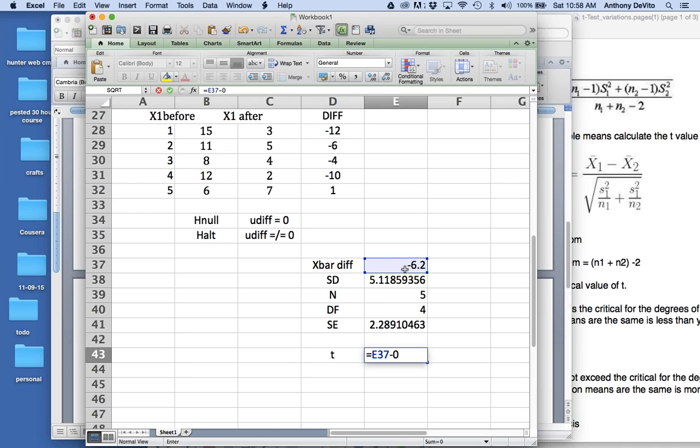It's really just the value of x bar, the differences, divided by the standard error. We get a value of minus 2.7. With a t-score of minus 2.7, do you think I can reject the null hypothesis here? Have I exceeded my critical value of t?